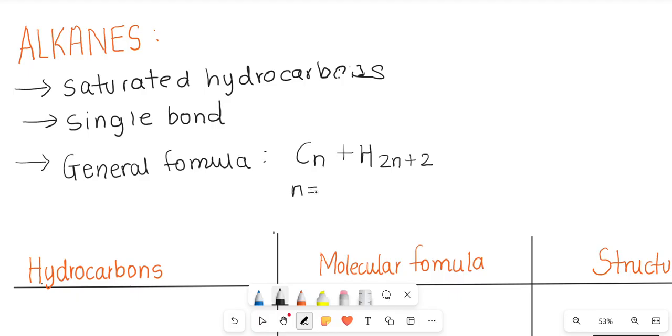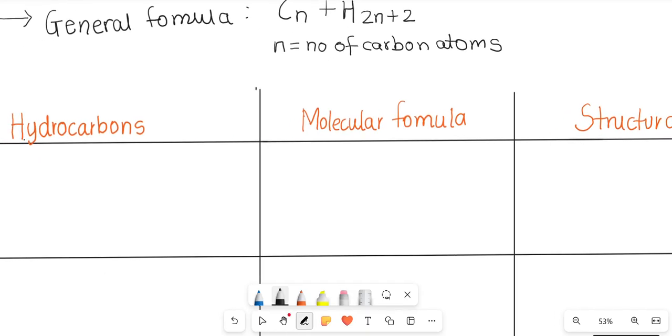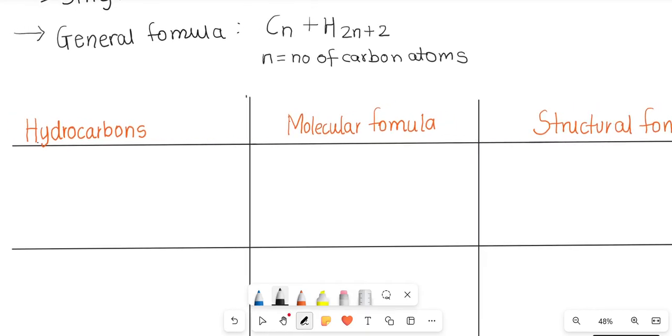Your n is the number of carbon atoms. We'll be using this general formula to generate the molecular formula and the structural formula. So, without any further ado, let's get started.